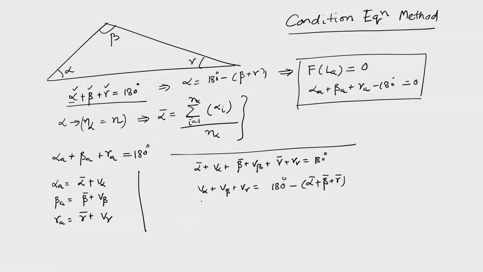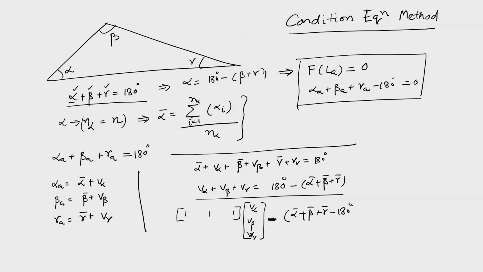I can write this equation in the form of a matrix now as [1 1 1] times [V alpha, V beta, V gamma] plus (alpha bar plus beta bar plus gamma bar minus 180 degrees) equals 0.